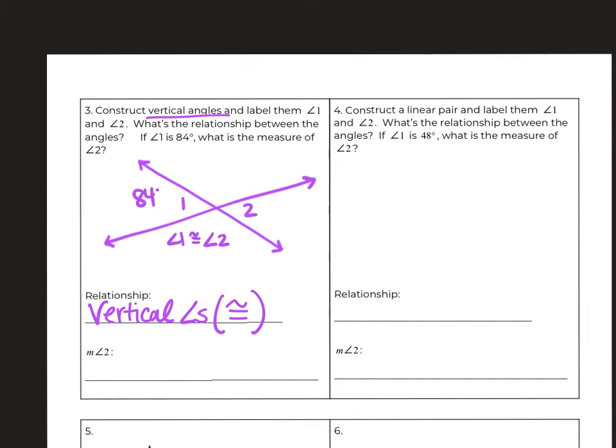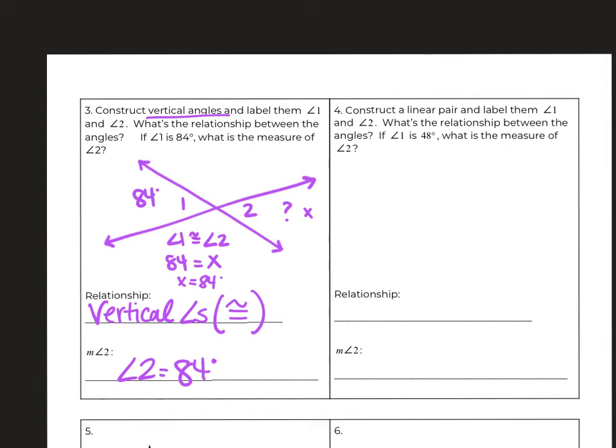So I could say, well, angle 1 is 84 degrees, and that's going to equal angle 2, my question mark or my x. So 84 equals x. If I want to flip that, symmetric property, x equals 84 degrees. And that's all I need to say. It does not say to classify this one, so we're done.